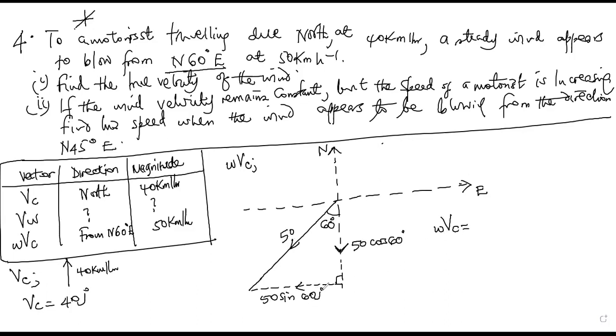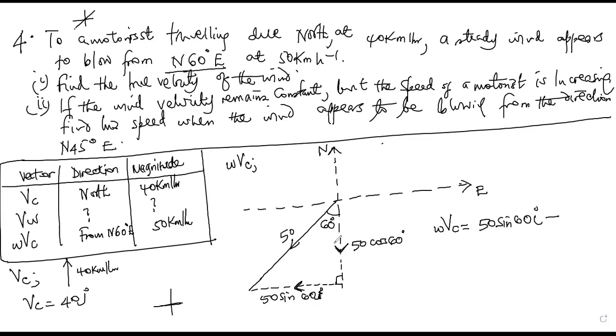Meaning that from the diagram, you can say that velocity of wind relative to the cyclist is equal to, we begin by mentioning the I component. The I component is the one of this direction, because I told you that we have I and J. So the x-axis is I, the y-axis is J. So this one you will say 50 sine 60I minus, because this is also in the negative.